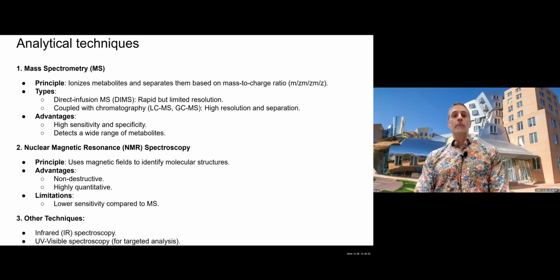Okay. So apart from mass spec, which we'll get into, there's NMR spectroscopy. NMR is great, usually for systems that we've purified a little bit, so we're down to a smaller number of components, and we usually need higher quantities or higher concentration of those metabolites to use NMR.